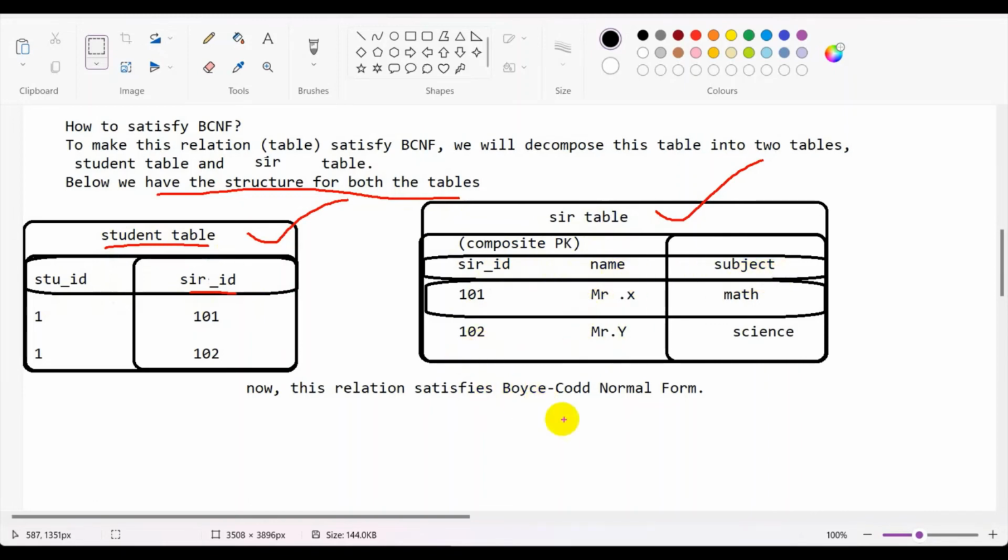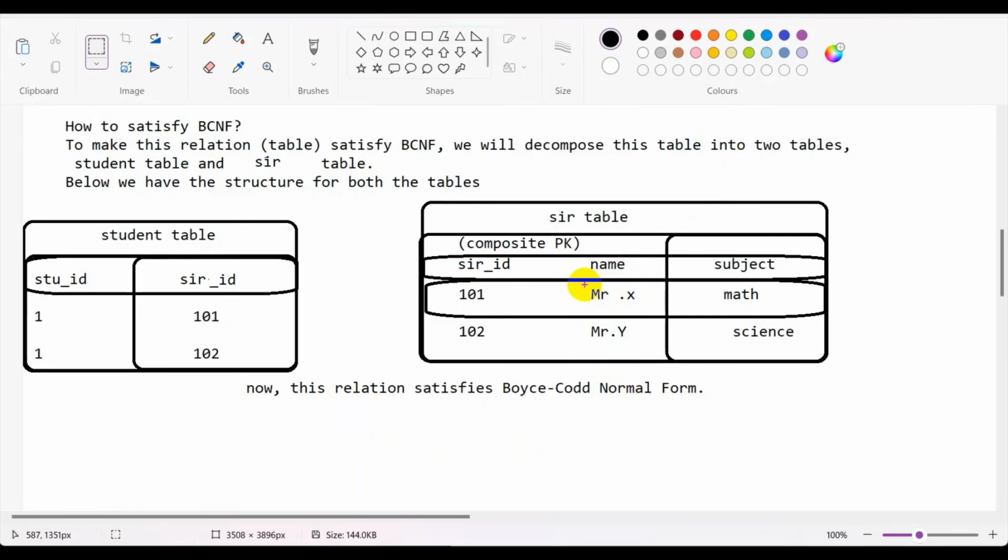So now you can see that sir depends on subject. Here the name of the sir is a super key. Sir depends on the subject, and here sir is a super key, as in this sir table you can uniquely identify a record.